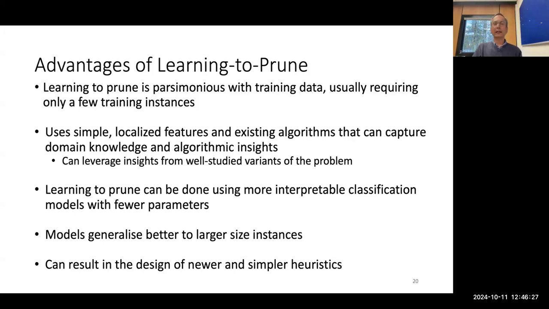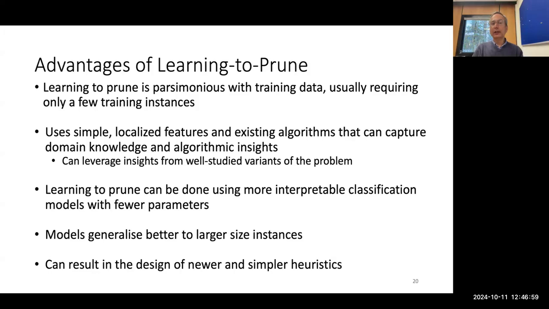Next, because it uses simple localized features and existing algorithms, we are able to capture the domain knowledge. We are able to capture algorithmic insight into the learning framework. And here again, I should mention that if we have a well-studied variant of the problem, we can use the features that are derived from that well-studied variant.